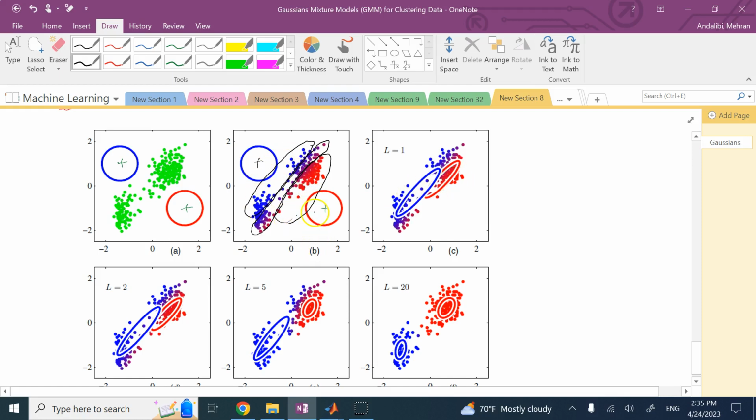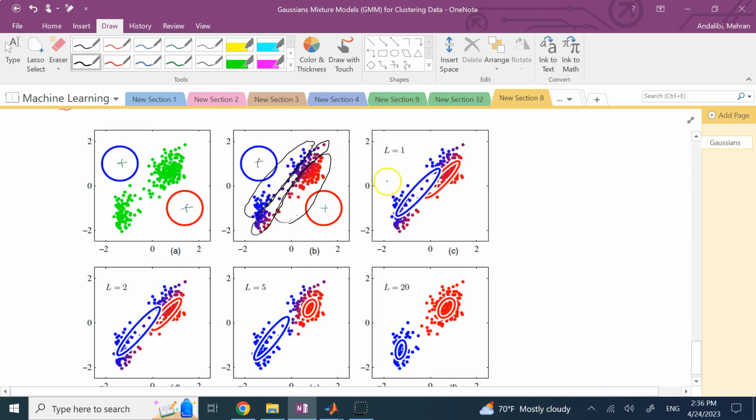Now in picture C, now that the gammas are updated, you can re-evaluate your mu's, sigmas, and pi's, and clearly those circles, their centers and their shapes, do not define these clusters well.